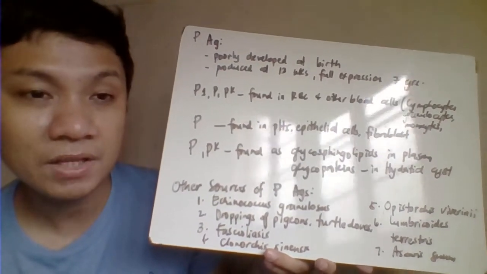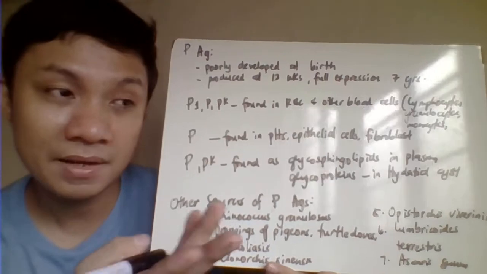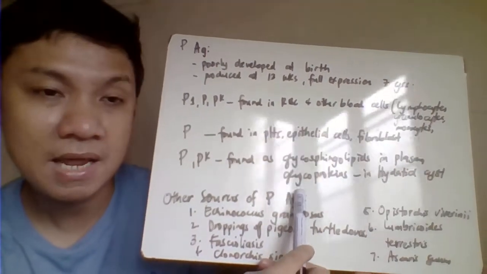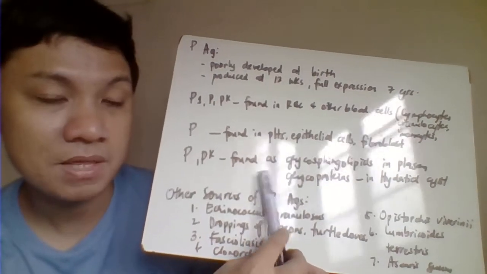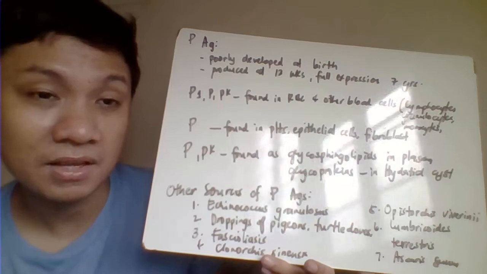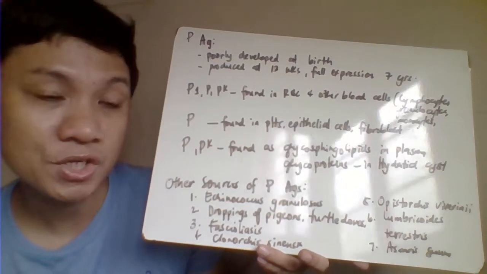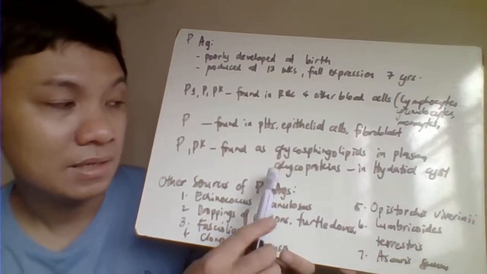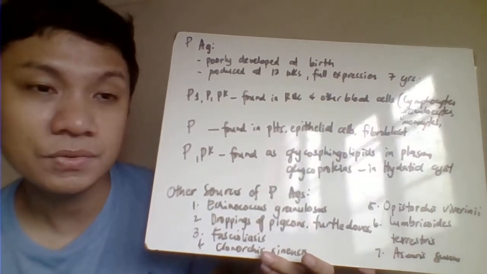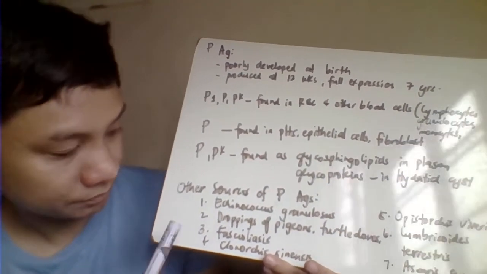So, if that one has been extracted from your Echinococcus granulosus, your P blood group system antigens, the P and the PK, the chemical composition of that is instead of the usual glycosphingolipids, glycoprotein siya on your Echinococcus granulosus or your hydatid cyst.